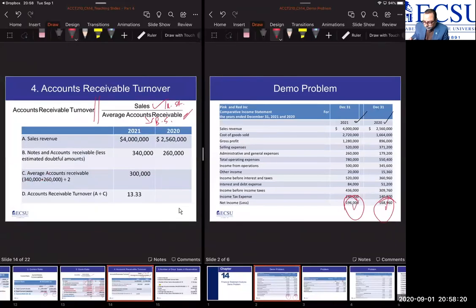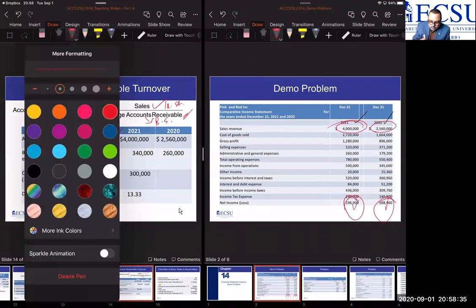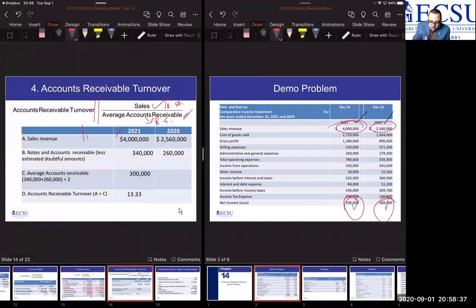Okay, we're doing the accounts receivable turnover ratio, and we know the sales was 4 million and 2,560,000. So from the income statement, I got that figure of 4,002,560.